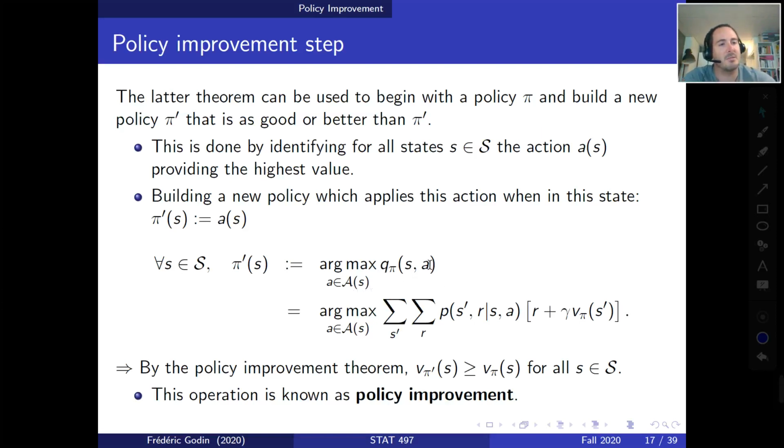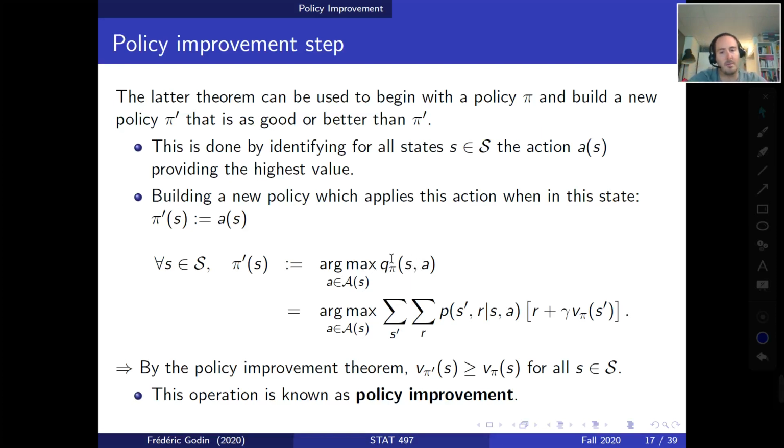So we take the best possible action in that state, and this best possible action, according to the function q pi, we will define as pi prime of S. So we can define a new policy for which the action selected in state S is simply the one which maximizes the value of that action according to our policy pi.